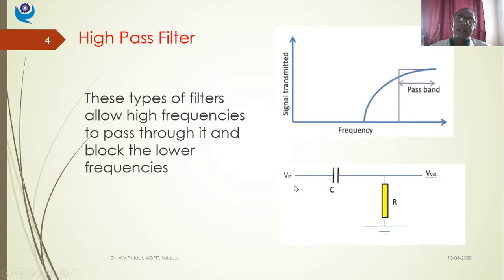So 1 by CD bracket multiplied by I is the potential drop across capacitance. And what is the potential drop across resistance? It is simply R into I, isn't it? So V in, the total potential drop, is equal to 1 by CD plus R bracket multiplied by I. So that is my one equation.